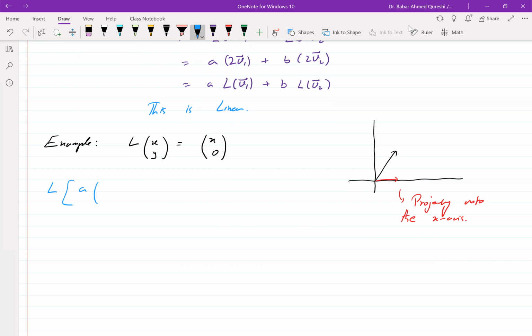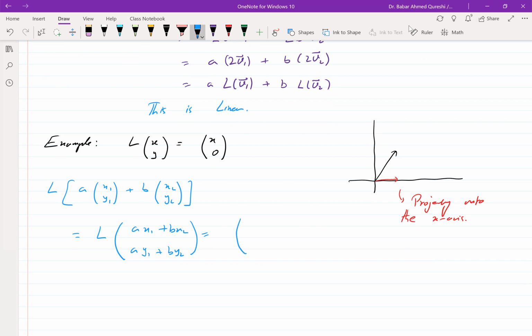So again, very easily can be checked. All you have to do is make this linear combination. And a y1 plus b y2.